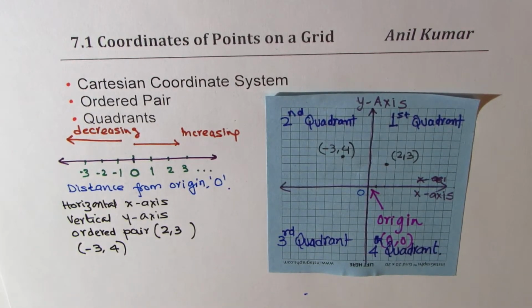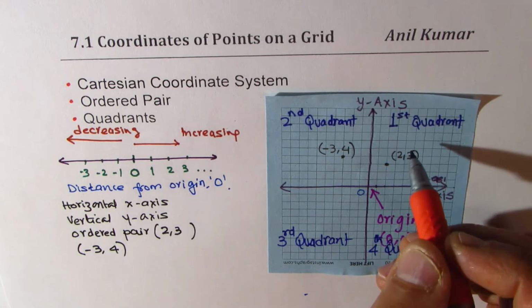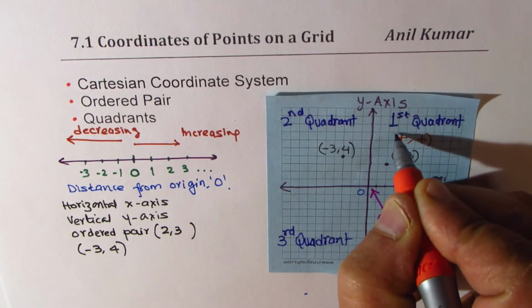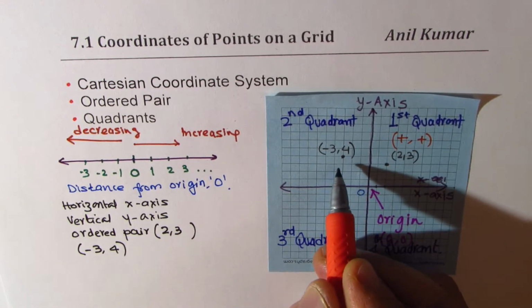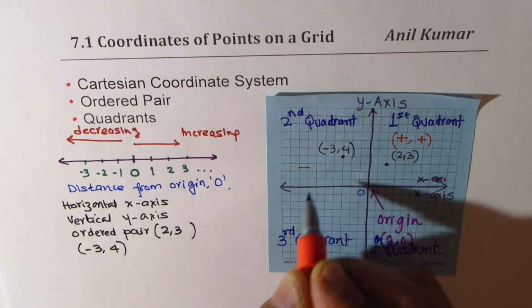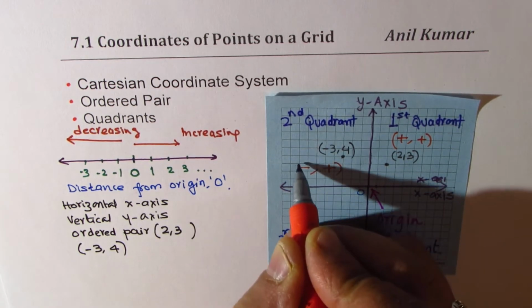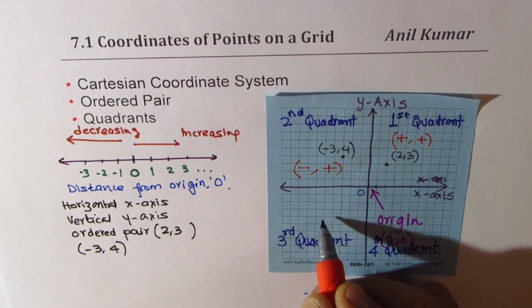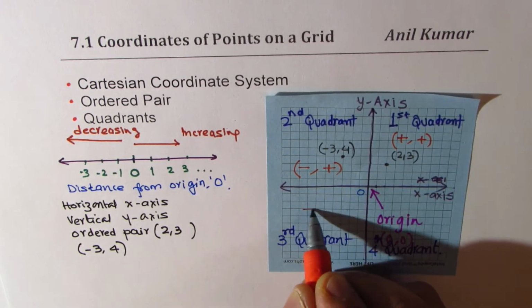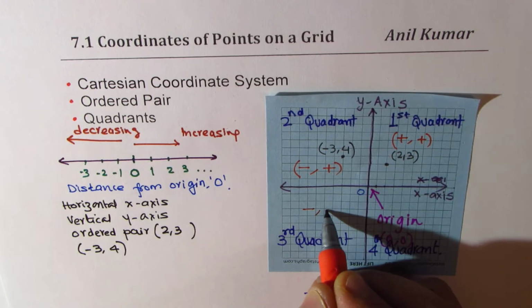You will notice that any point in the first quadrant will have both x and y values as positive, right? So here both are positive values, both x and y. In this quadrant, since you are on the left of y, the x value is going to be negative, but the y value will be positive. In quadrant 3, we are on the left side of the y-axis, so negative, and we are below the x-axis, so negative.